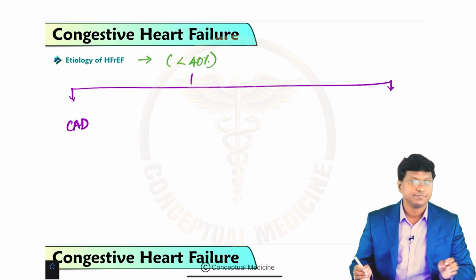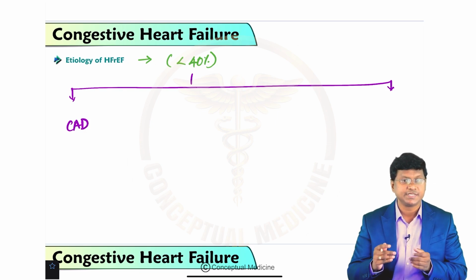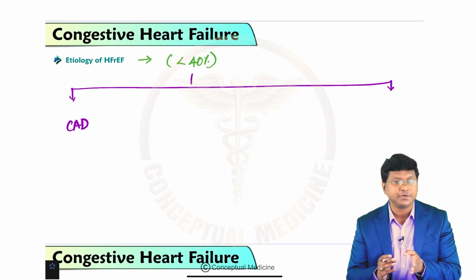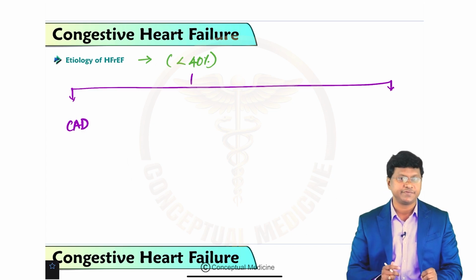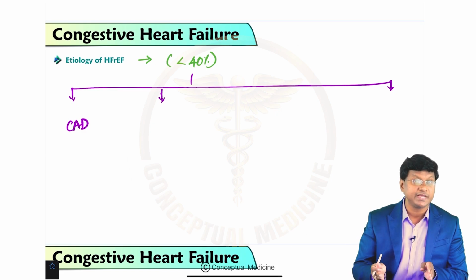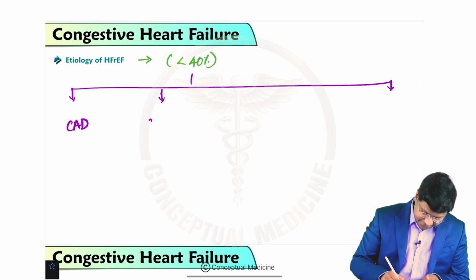coronary artery disease. With coronary artery disease like myocardial ischemia and myocardial infarction, the blood supply to the myocardium is reduced, so the contractility of the heart is reduced, and that will make the individual develop heart failure with reduced ejection fraction. Then individuals with chronic pressure overload.